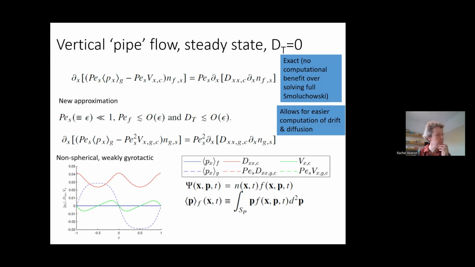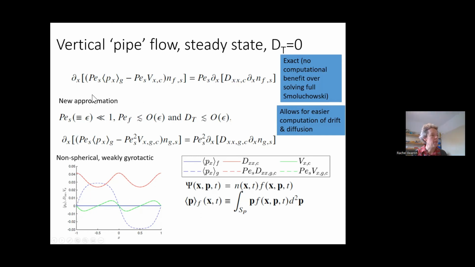So if we look at a test case, such as the one analysed by Ganesh, so thinking of steady pipe flow, no Brownian diffusion, the exact equation looks like this top one. As I said, in some sense, there's no benefit over solving the full Smoluchowski because all these drift terms and so forth will require quite a lot of calculation.